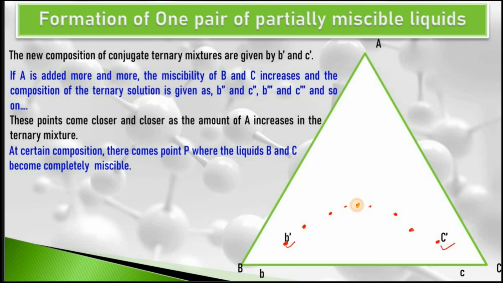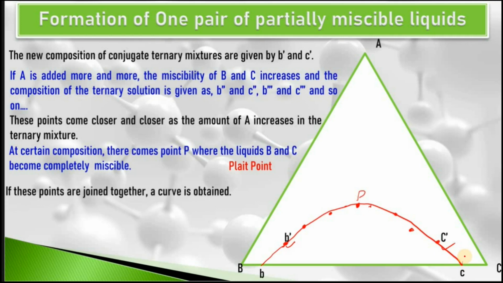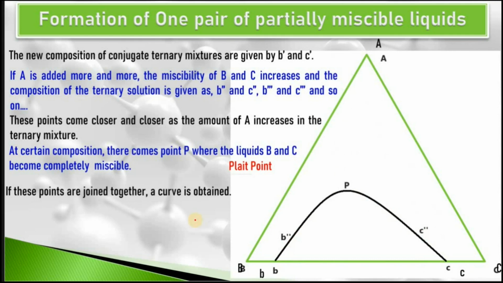For example, here is the point, and this point P is known as plait point. And if these points are joined together, we get a curve, and this curve is called as binodal curve.